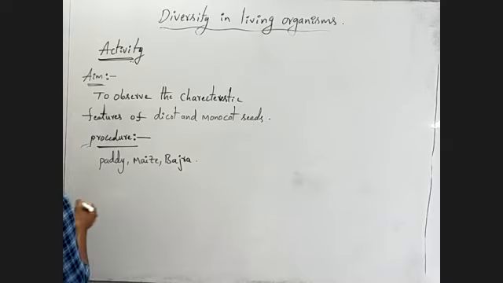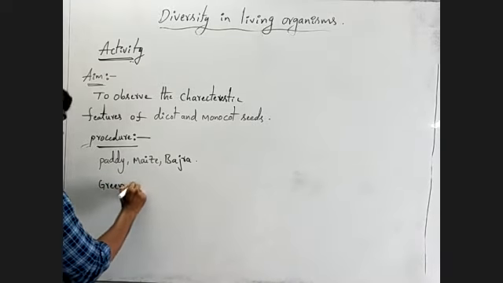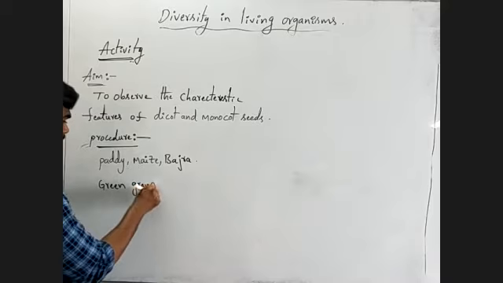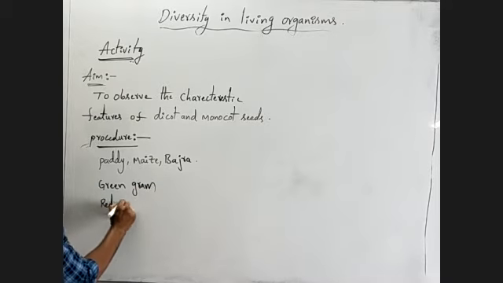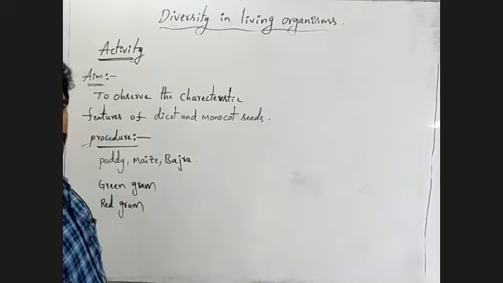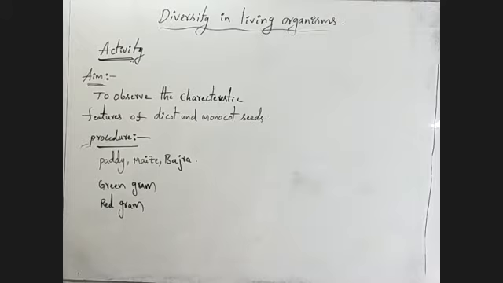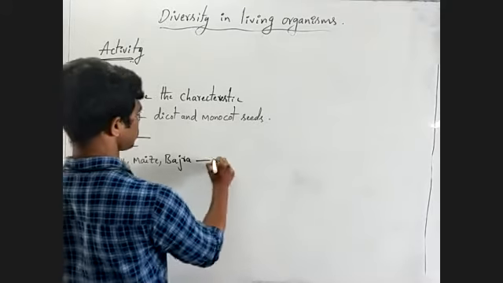Next, some dicot plants: green gram, red gram, and any other plants. Sorghum or any other, these are monocots.